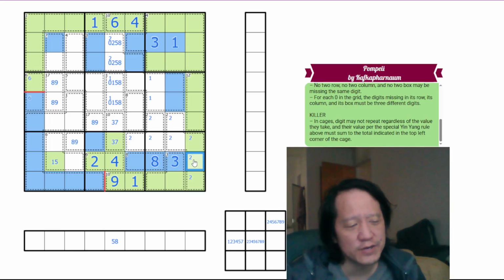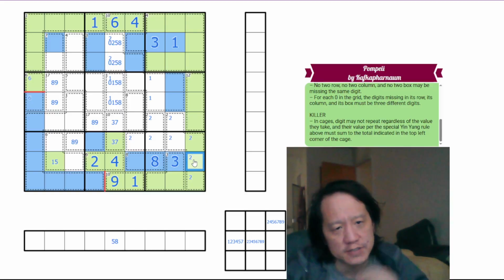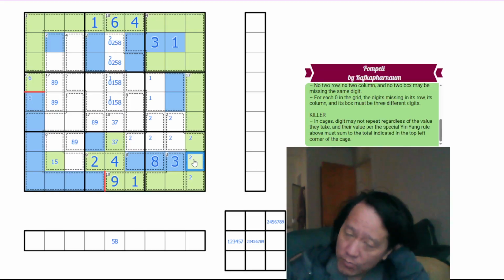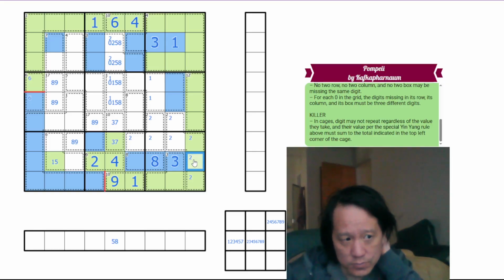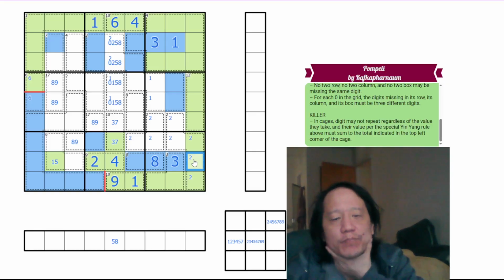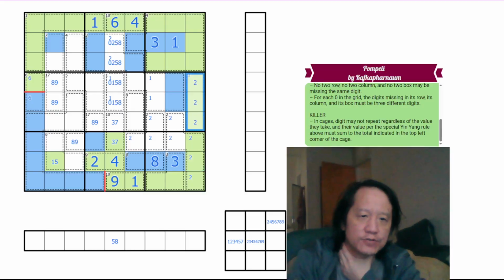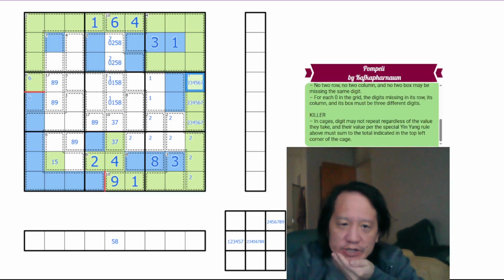That's not true. We don't have to have zeros in cages. You could just be basically the same shading as a 0 in a cage. So this is 237, 246, or 345. We don't know which.